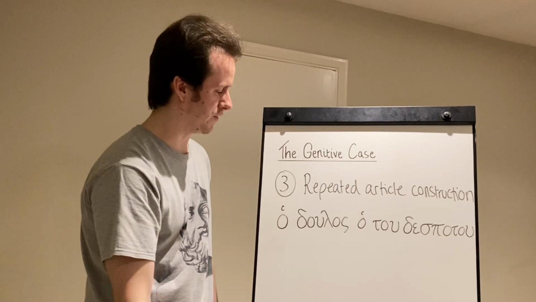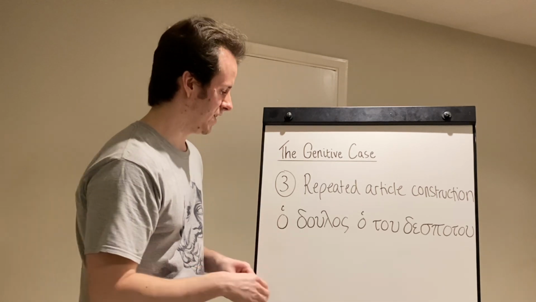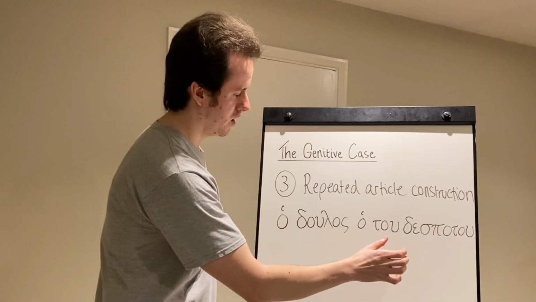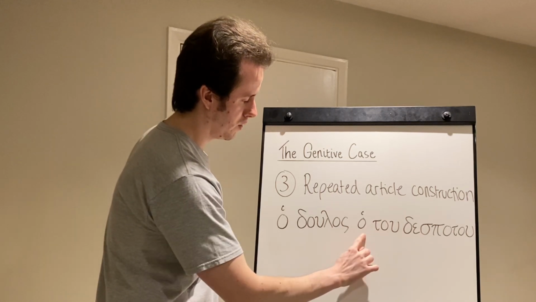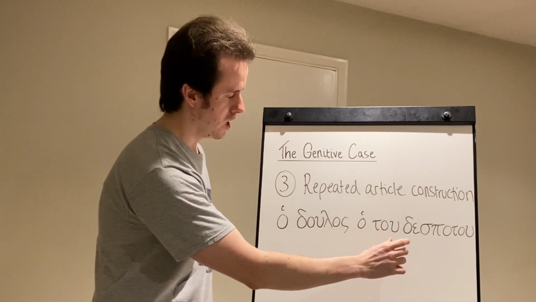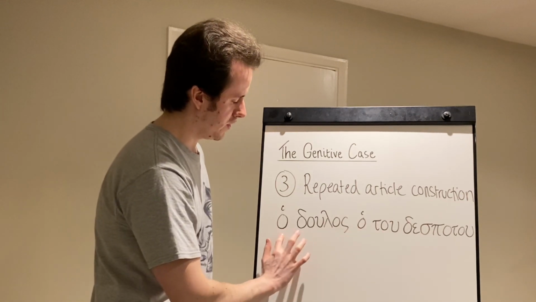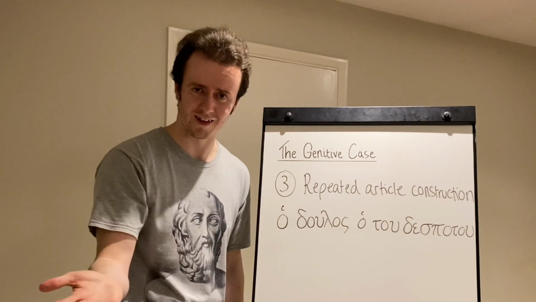That's how we could think of it. However, you would translate it literally as the slave, and then you would realise that this is also about that same slave because it's the repeated definite article. And you would translate it as the slave of the master, or the master's slave.